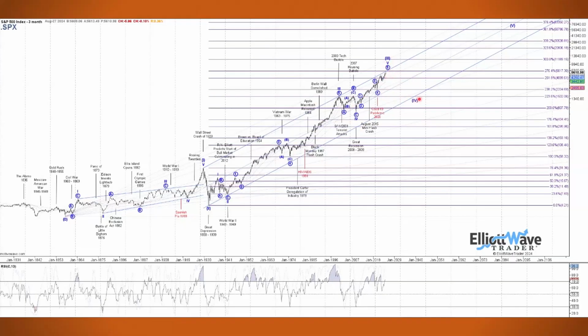But with regard to what we expect for this supercycle degree wave 4, we know that Elliott Wave tells us that there should be alternation for this degree wave 4 based on the wave 2 from the Great Depression. And that was a very, very sharp, abrupt, deep retrace.